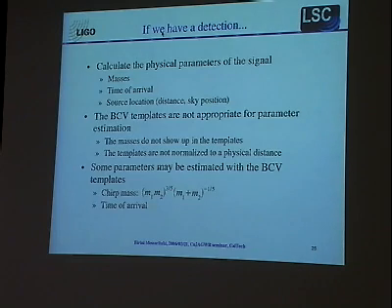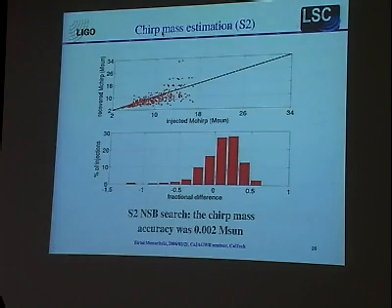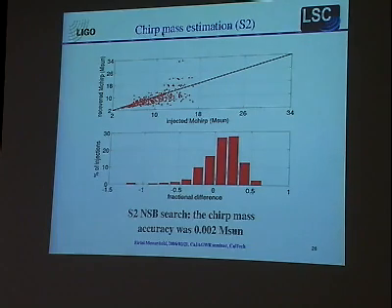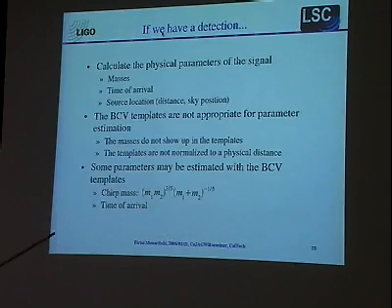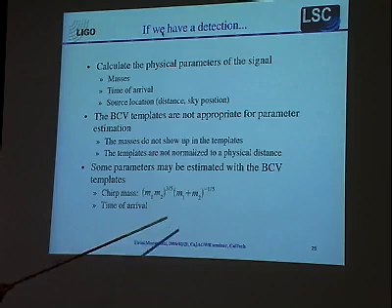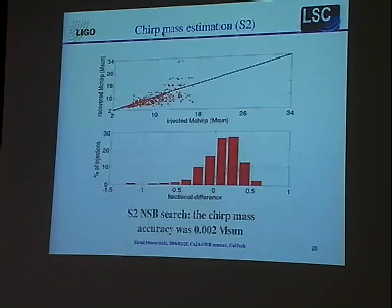So I'm going to show you what accuracy we had in the second science run when we estimated parameters with the BCV templates. So for example, the chirp mass, which I think most people know, is this combination of the two masses of the binary.